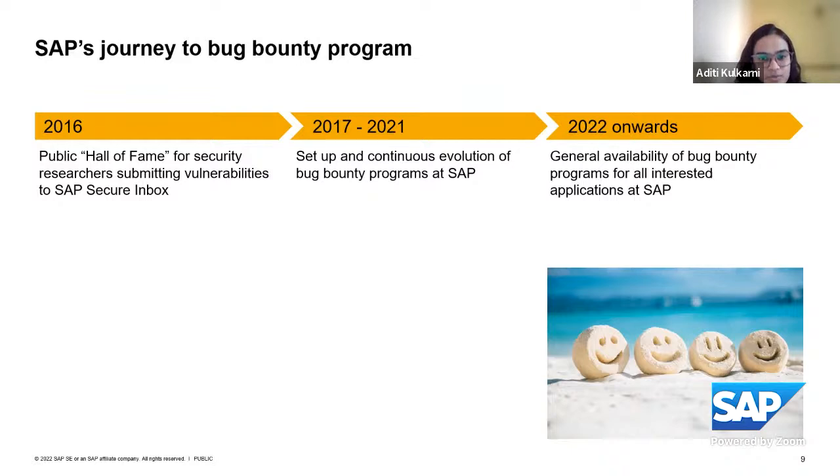So the entire work was done over a few months, and then finally in 2017, 2018, we started with the bug bounty programs at SAP. Ever since then, there has been a continuous evolution of bug bounty programs at SAP.